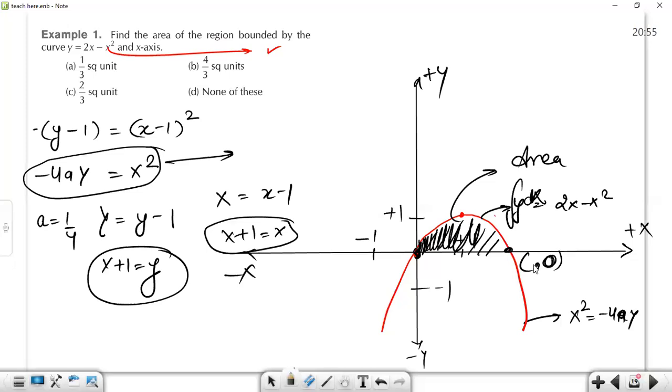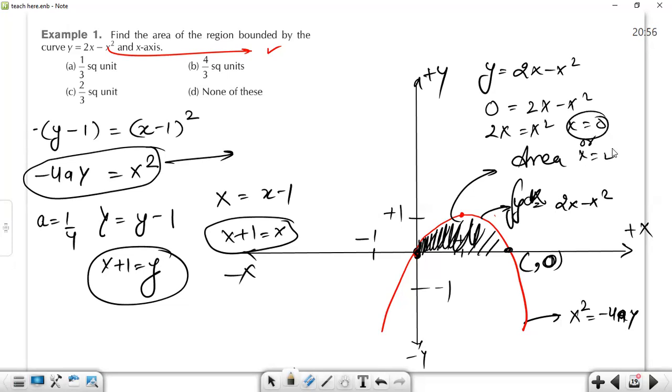Now we have to find out the coordinate of x. So we have the curve y equals 2x minus x square. We know y equals 0. So putting y equals 0, we need to find x: 2x minus x square equals 0, so 2x equals x square. Then x can be 0 or x can be 2 for this to satisfy. So here x is 0, y is 0, and now x is 2 and y is 0.